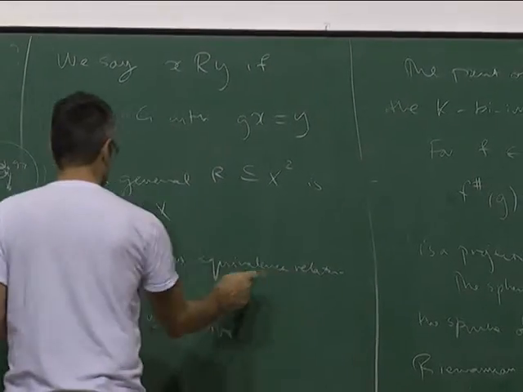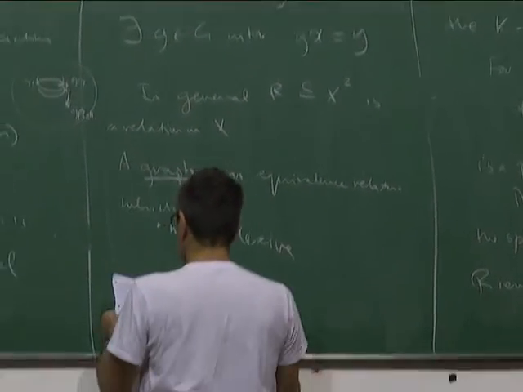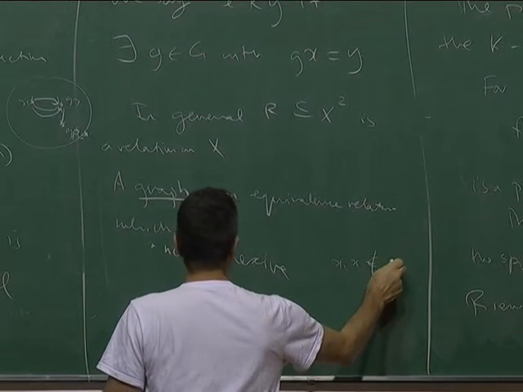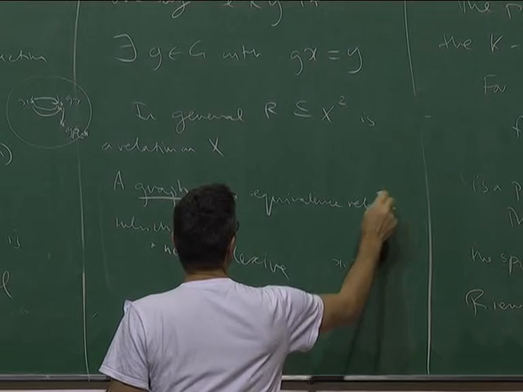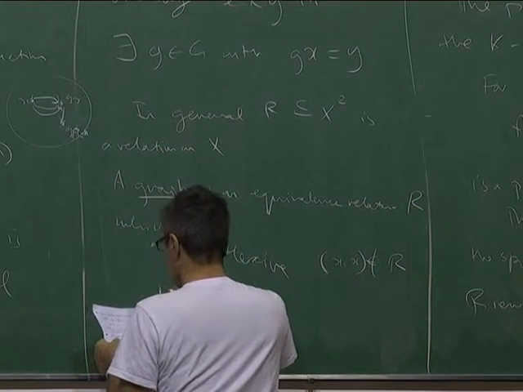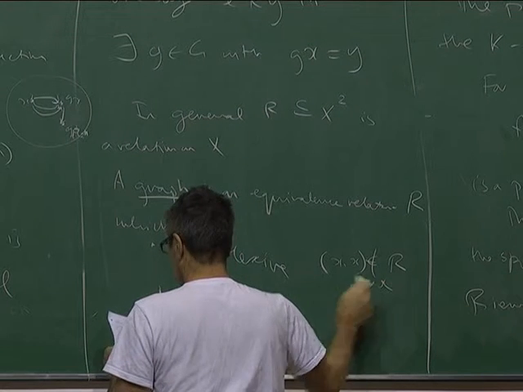So a graph is a relation which is not reflexive, that means x is not related to x for any x, and symmetric.